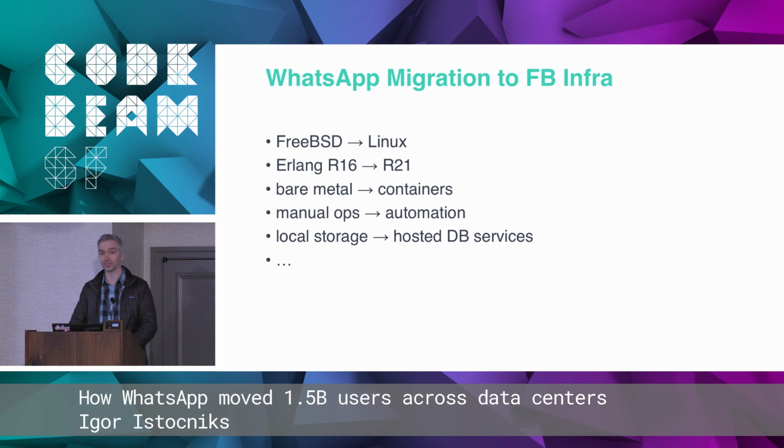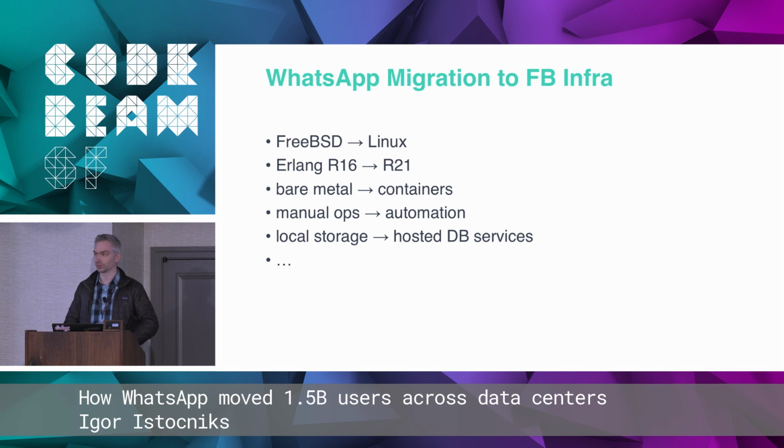For the last few years, WhatsApp was in the process of migrating or integrating with Facebook infra. During this time, a lot of stuff has changed. To name a few things, we moved from FreeBSD to Linux. Instead of using R16, we're using R21 now. We used to use bare metal machines.